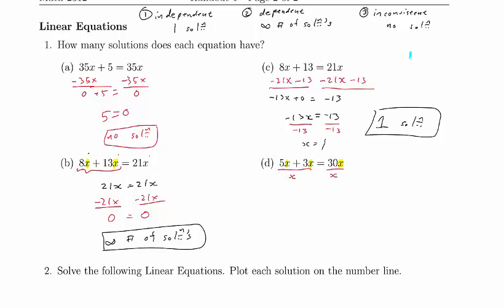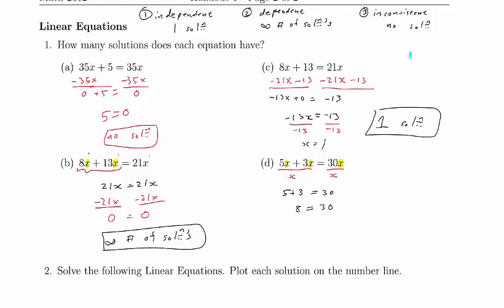Get the x's away from one side, and when you do that, you end up with 5 plus 3 equals 30. 8 equals 30. Of course, that's not true. So this would indicate that there is no solution. But that's not right. And we're going to go over why that's not right in just a second.